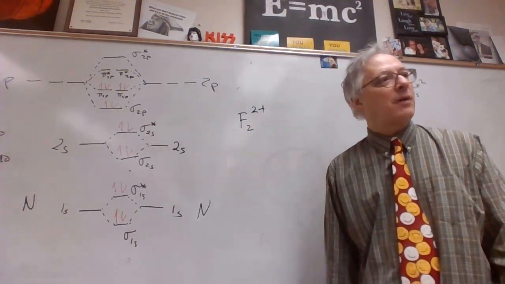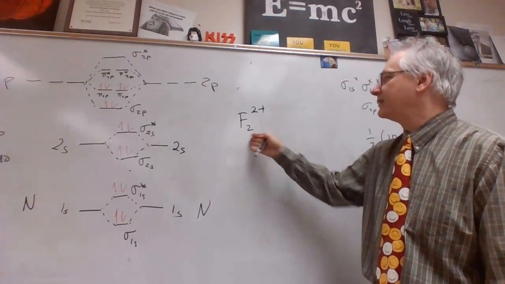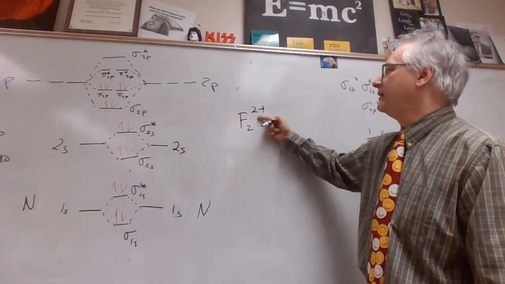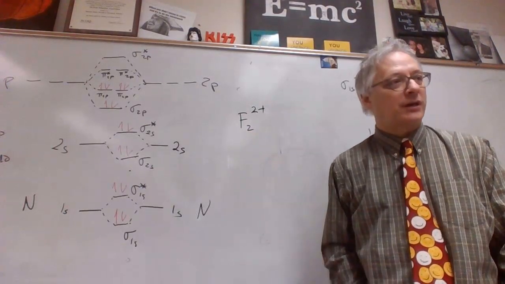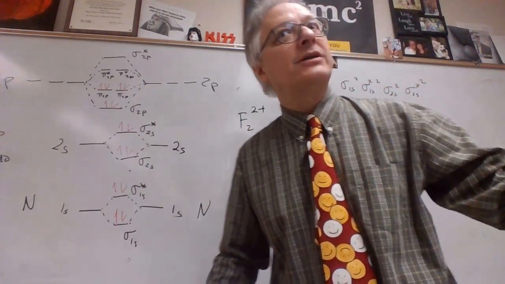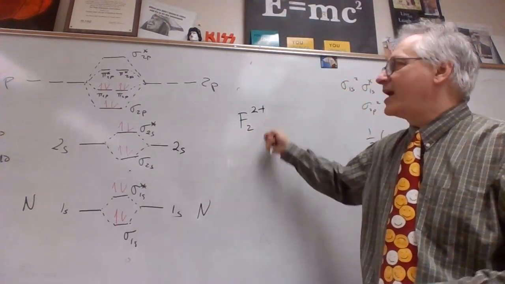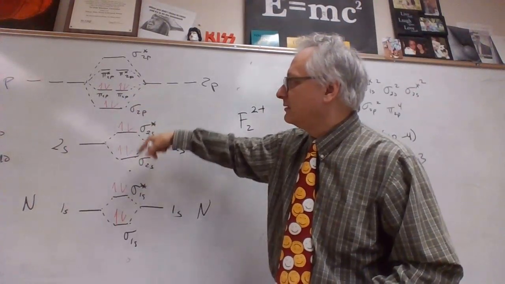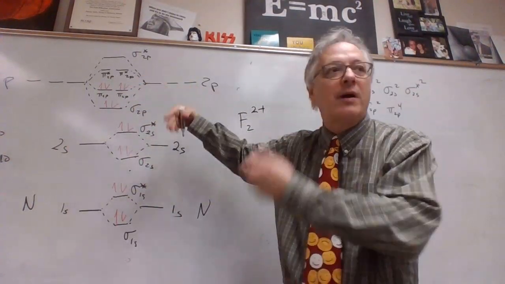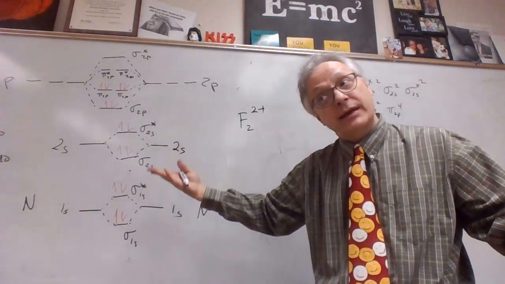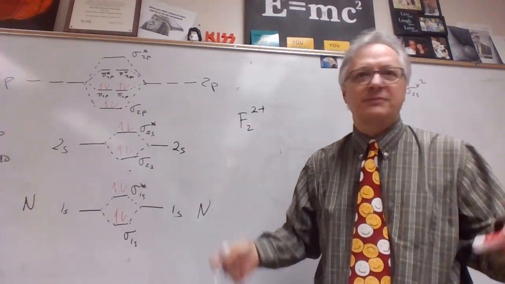If it does, what's the bond order? Is it theoretically possible to have some sort of a diatomic fluorine with a +2 charge on it? Well, you'd have to think. I've got 18 electrons, but with a +2 now I have 16 electrons. So you'd have to fill it up and then do the bond order calculation and see, is it possible? Is it likely? What would the bond order be? Just things like that.